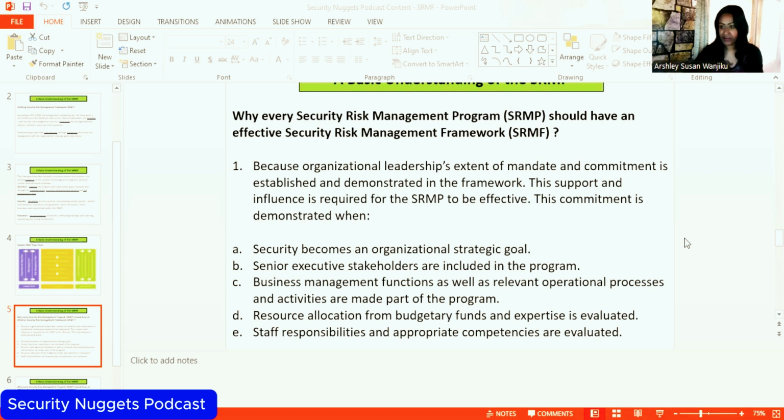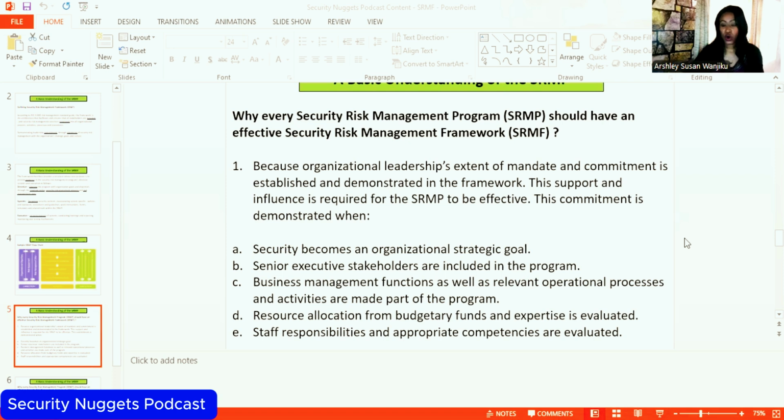Basically, you will leave nothing out, because your leadership is going to be encouraging, influencing and supporting, and reinforcing your proposals and suggestions. And that is why having a framework is important.